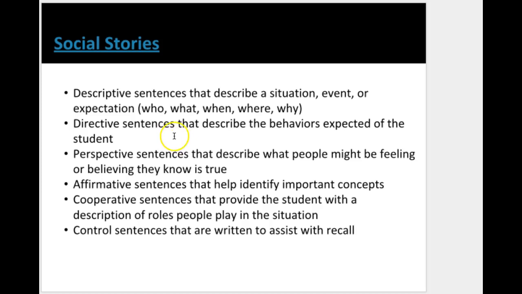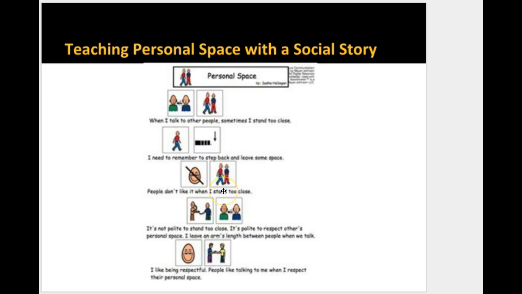So you use the student's name in a social story. So I'm going to show you a social story that would be used for a situation. This one is using the pronoun I because it's this student's particular social story book. I think it's more powerful, honestly, to use the student's name in the story.